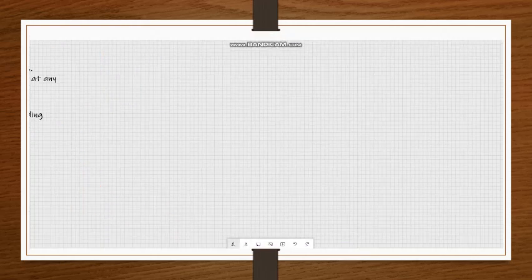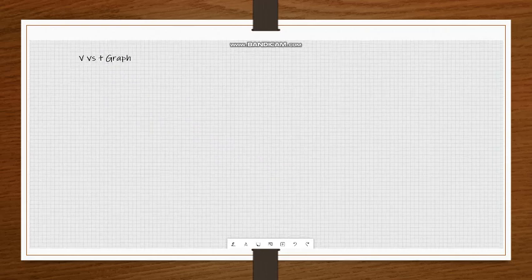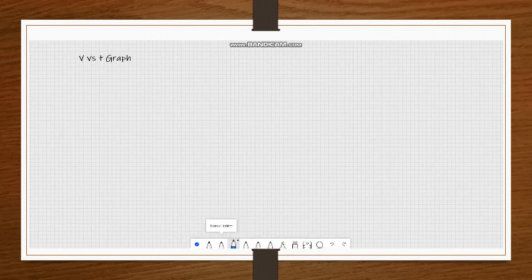And let's continue with how we are approaching more. So now let's cover the velocity versus time graph. If we have a velocity versus time graph, what we are going to do is basically the same thing as the position and time graph.